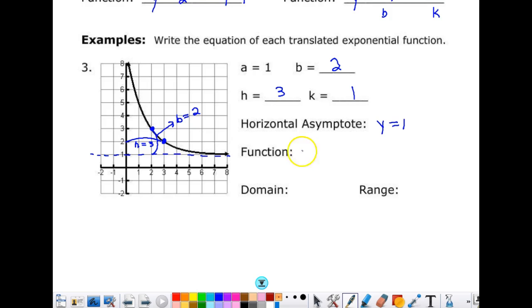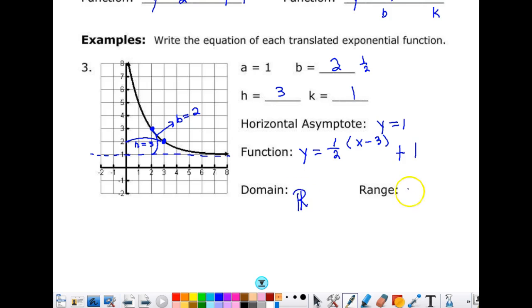Okay, so now we can write our graph. Y equals, it is a decay, so we're going to use a half instead. 1 over 2 to the x minus our H, 3 is our H, and then plus 1. Okay, what's our domain? All real numbers, easy.